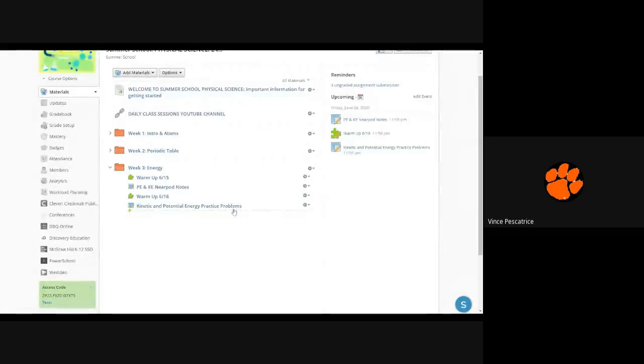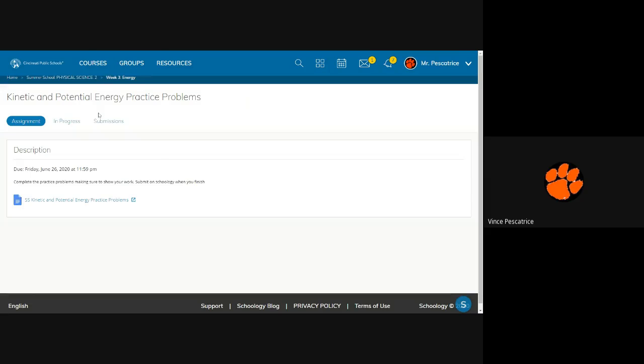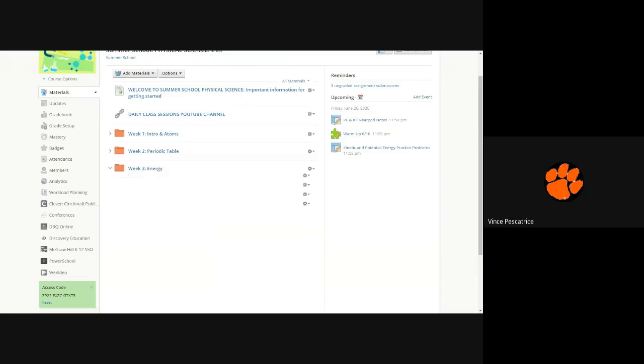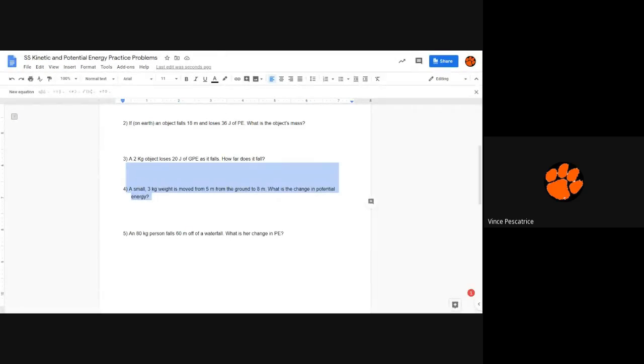So right here, in the week 3 folder, kinetic and potential energy practice problems. If you open this document, that's where we are. The document should look like this. We just finished question 4.